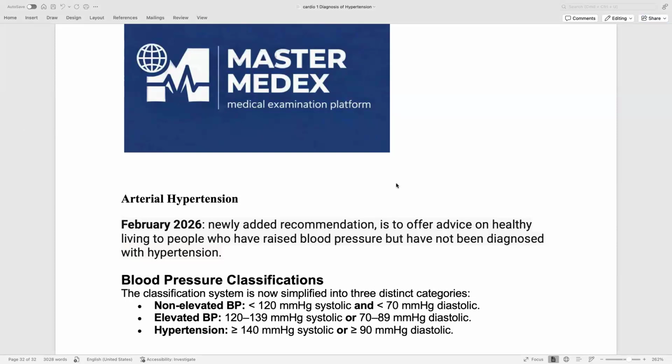Both should be there. If I want to say this patient is having a non-elevated blood pressure, it should be 119 over 69. That is absolutely normal.